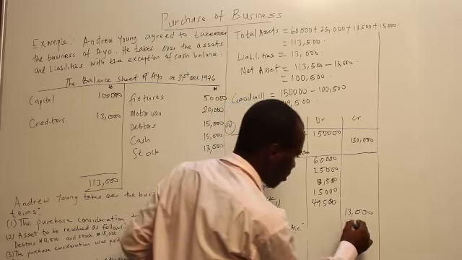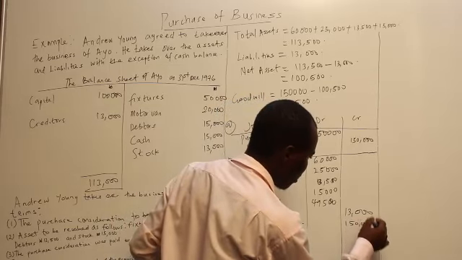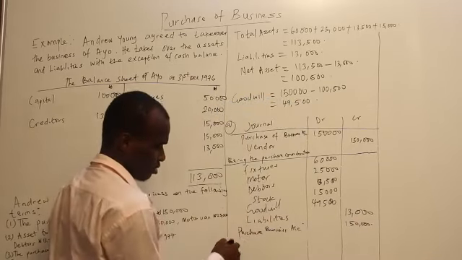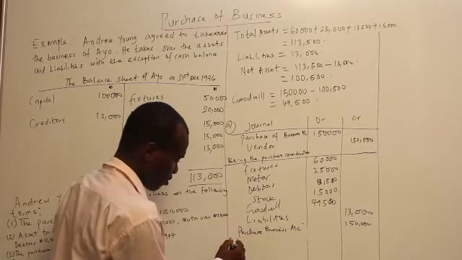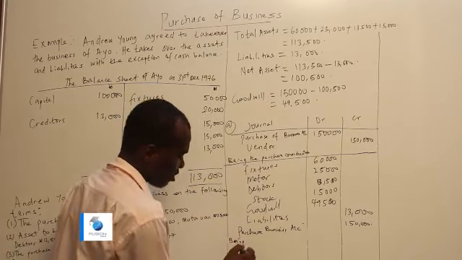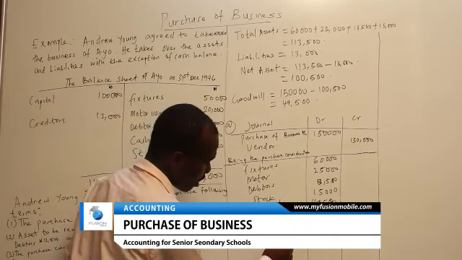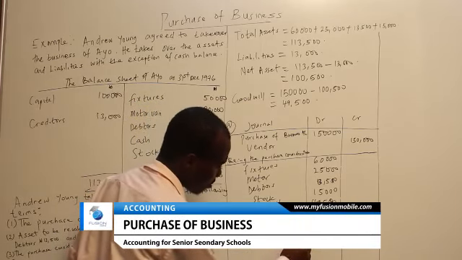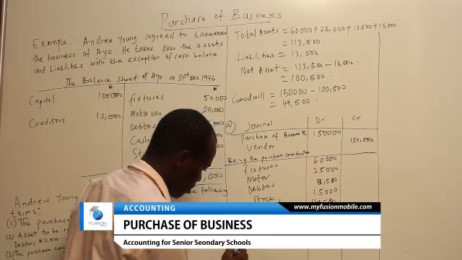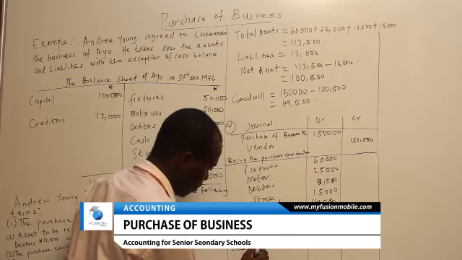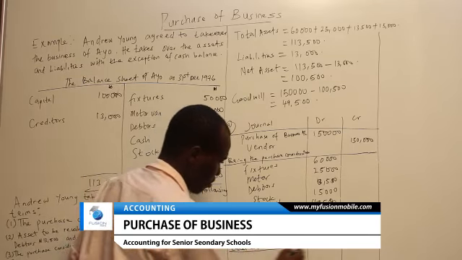So we have 150,000 naira. So next thing is narration: being assets and liabilities taken over.